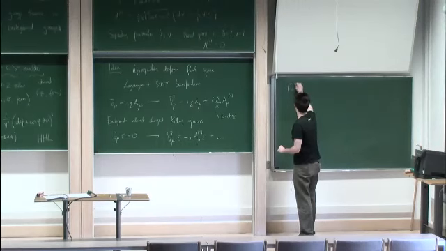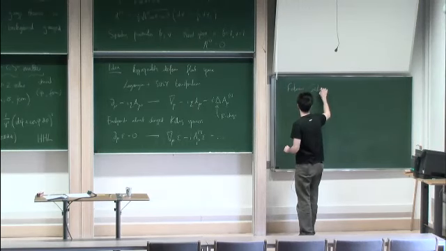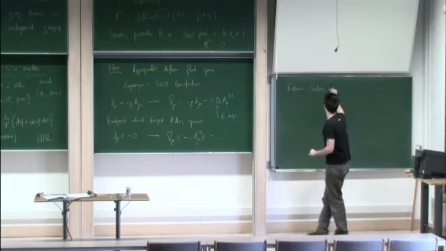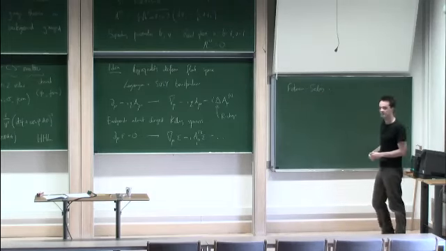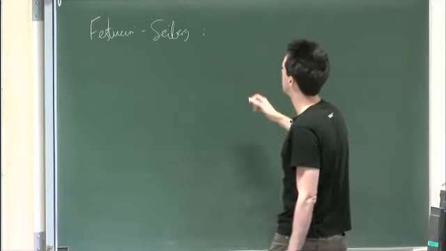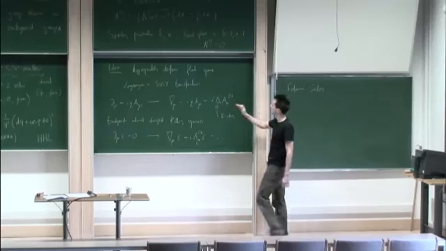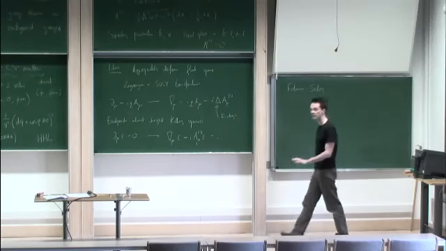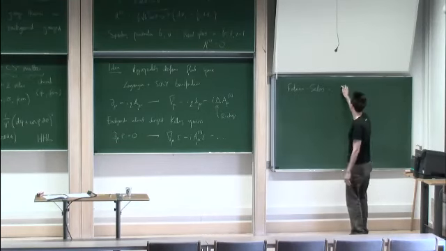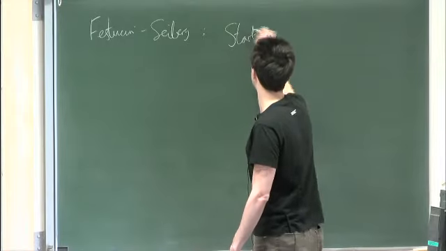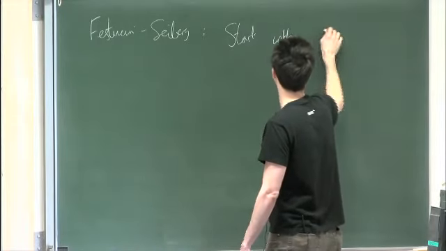In particular, there was a paper by Festuccia and Seiberg last summer. Again, Daniel mentioned this in his talk. So you can have a slightly more systematic point of view by starting with supergravity.